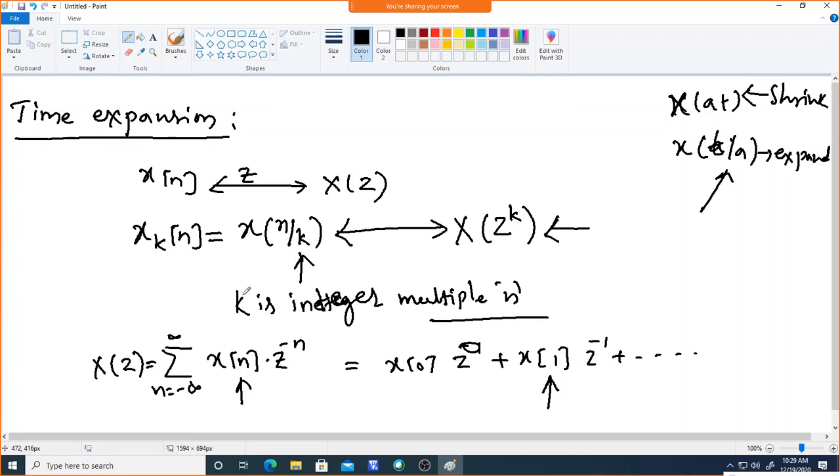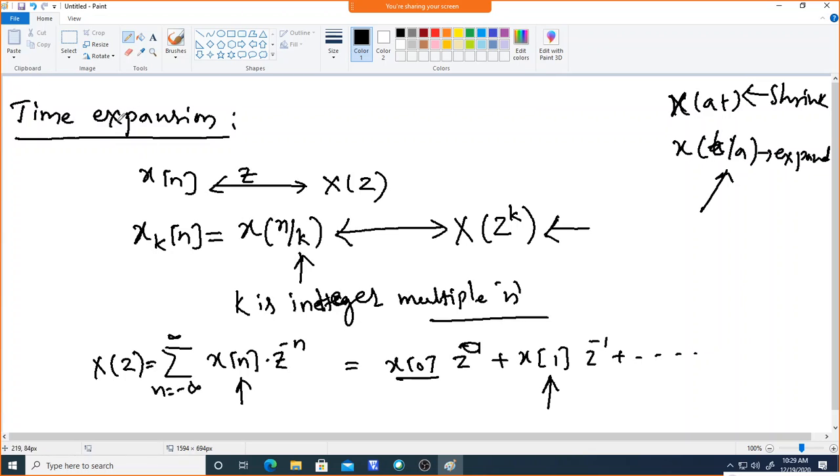So if you take the scaling factor k as an integer multiple of n, we get the sample coefficients properly in the z domain. Otherwise, the samples will not be given properly in the z domain. That is the time expansion property, and if you properly scale in the time domain, it will improve the efficiency in the z domain.